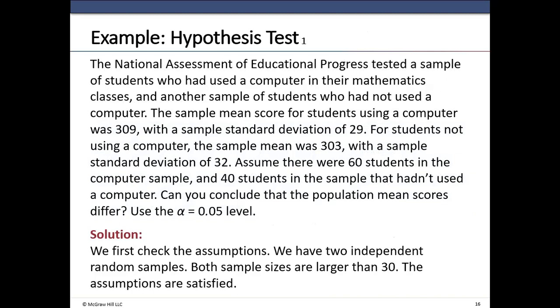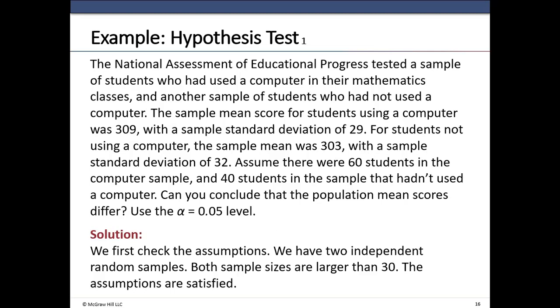So this is the problem that we encountered before. The National Assessment of Educational Progress tested a sample of students who had used a computer in their mathematics classes and another sample of students who had not used a computer. The sample mean score for students using a computer was 309 with a sample standard deviation of 29.